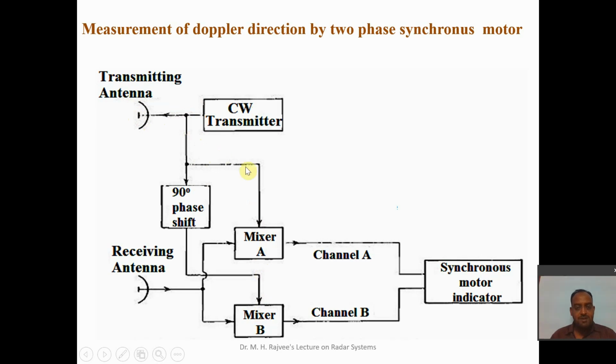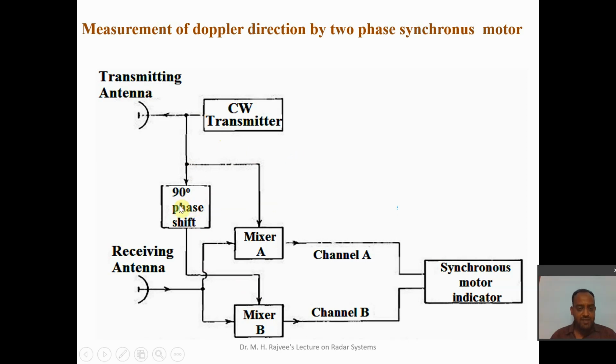Mixer A is supplied with the direct signal f0. Mixer B gets a signal which is phase shifted. This phase shifting concept we have seen in single side band modulation in the analog communication subject.